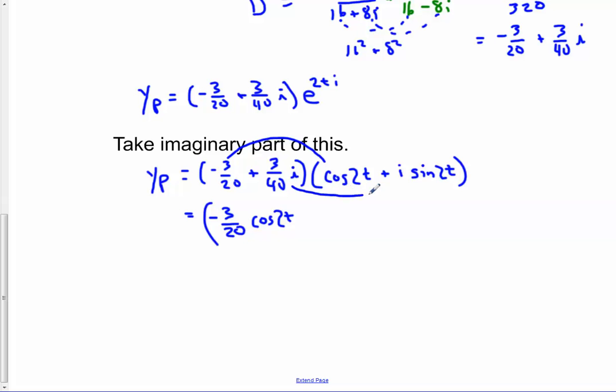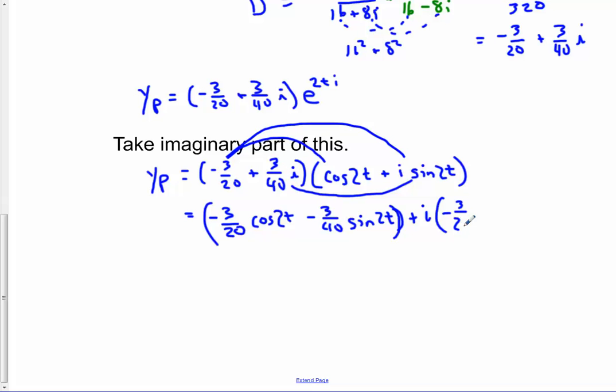And the two i pieces: i times i is negative 1, so that'll be minus 3/40 sine of 2t. I'm foiling this out, and those are the two that give me non-i pieces. And now I'll do the i pieces. That'll be this one, so that's minus 3/20 sine of 2t. And this one, which is 3/40 cosine of 2t.